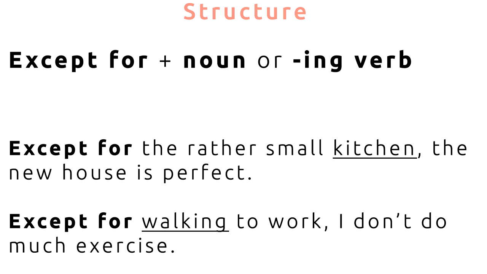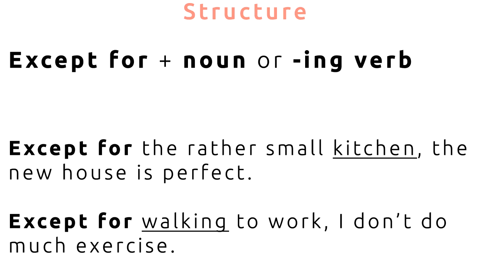Except for the rather small kitchen, the new house is perfect. Here we have except for plus the noun kitchen. Rather small is just modifying the noun. So this speaker is trying to say the house is all perfect, not including the small kitchen.